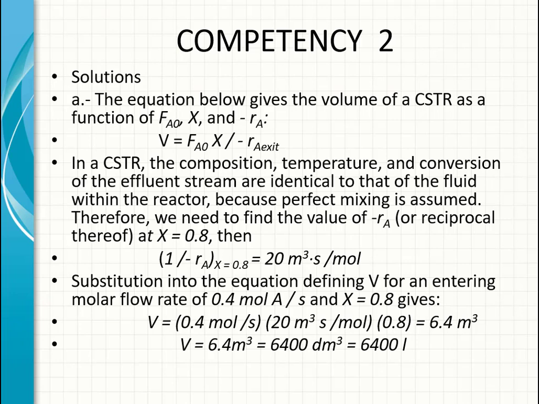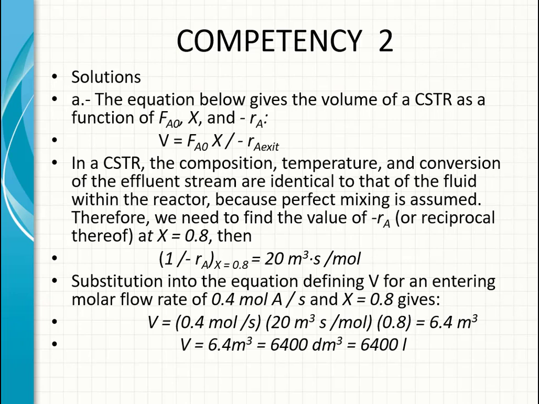Therefore, we need to find the value of minus rA, or the reciprocal, at X equals 0.8. If we go to the table, we will see that 1 divided by minus rA when X equals 0.8 is equal to 20 cubic meters second divided by mole.